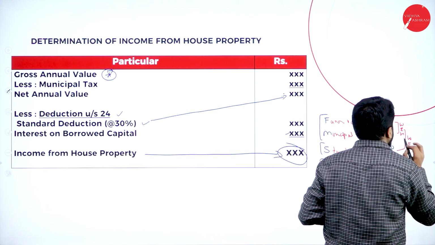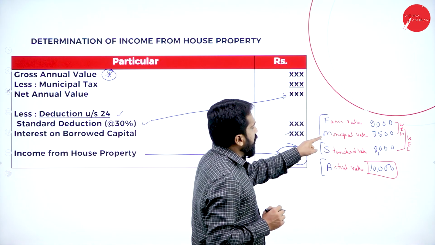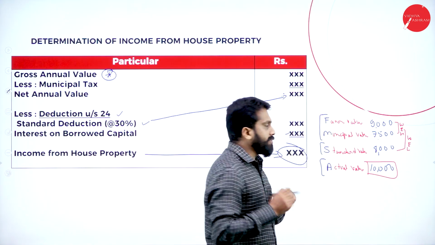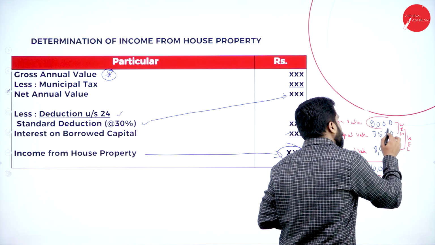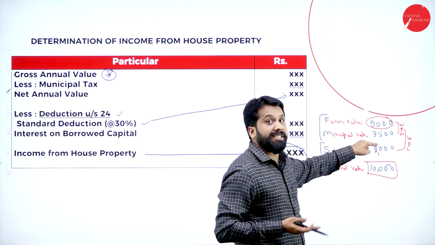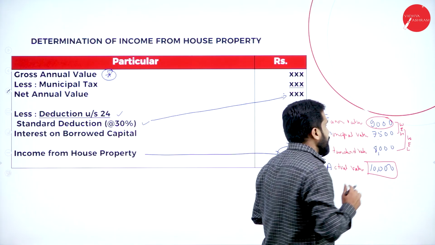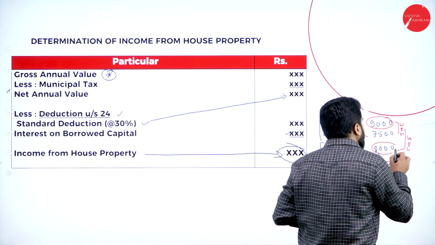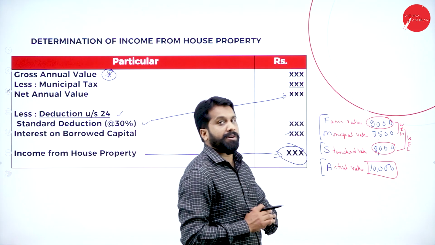Whichever is low. Out of these two, you have selected 9,000. 9,000 and 8,000, which is less? Yes, you have selected 8,000. Up to this, any doubt? No doubt.